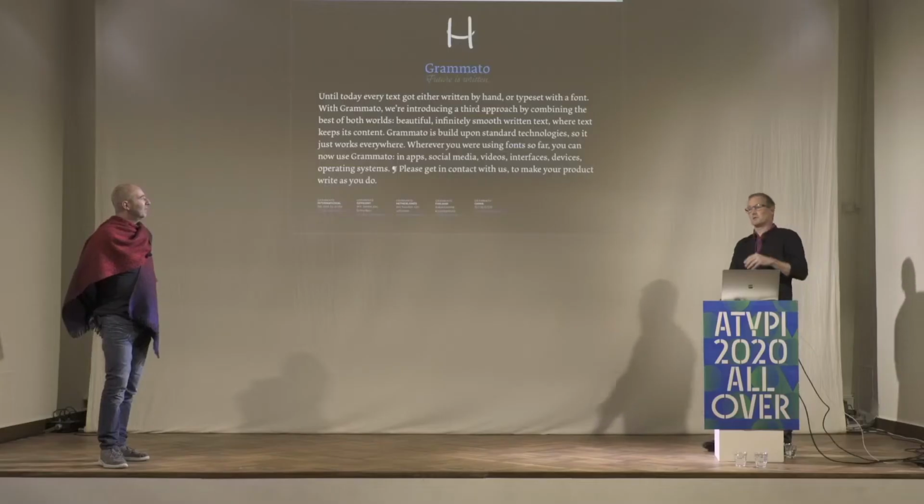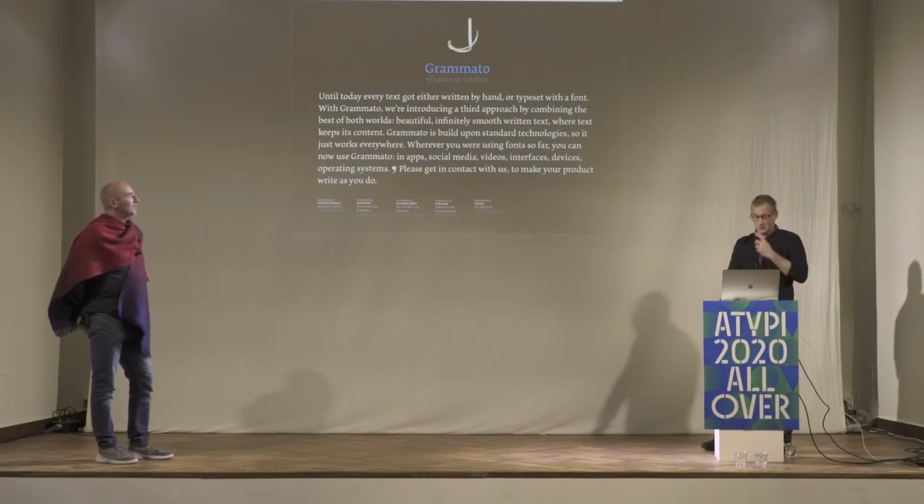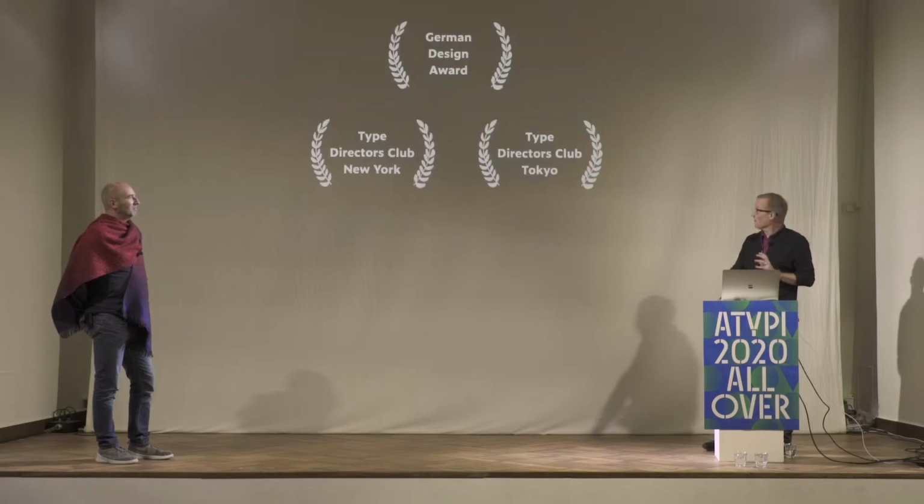We spent quite some time building this and figuring out the shapes and the whole technical side behind it. And we're happy that it got recognized by people, like, oh, that could be interesting. So we got some awards in the world.